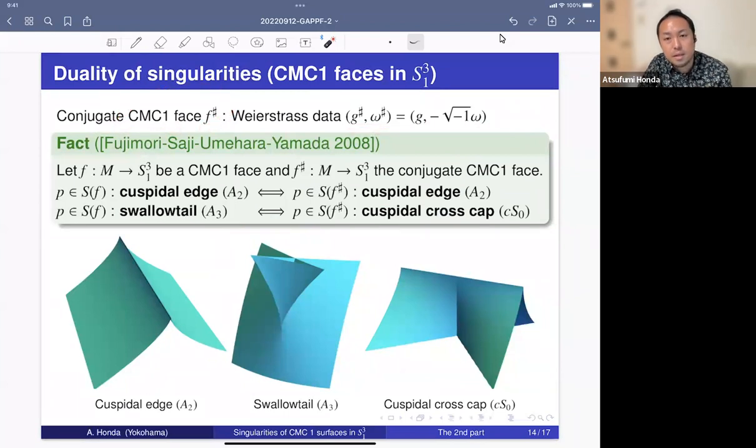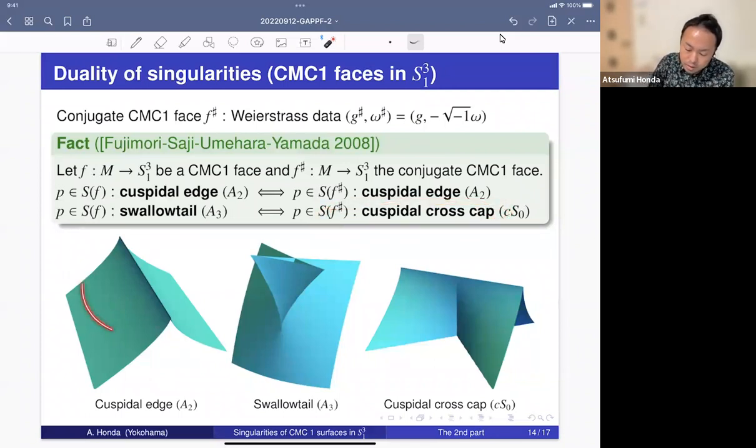And then, as in the case of maxfaces, it is known that duality of singularities holds. So if F admits cuspidal H at p, then at the same point, F sharp has cuspidal H, and also if the original CMC-1 face F admits a swallowtail, then F sharp must admit a cuspidal cross cap.